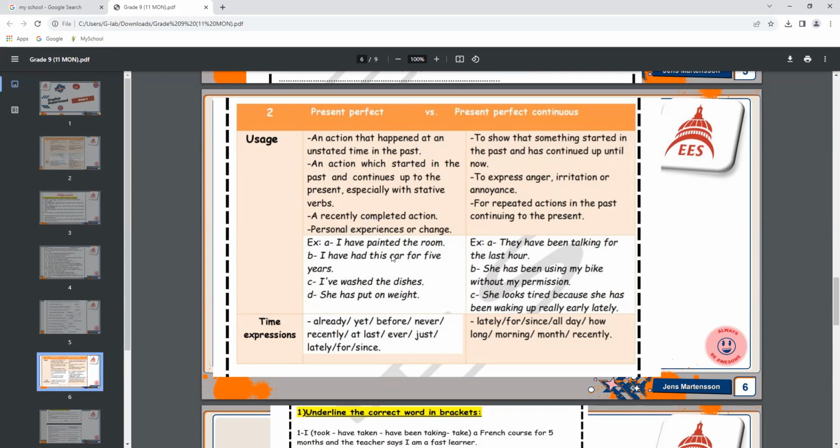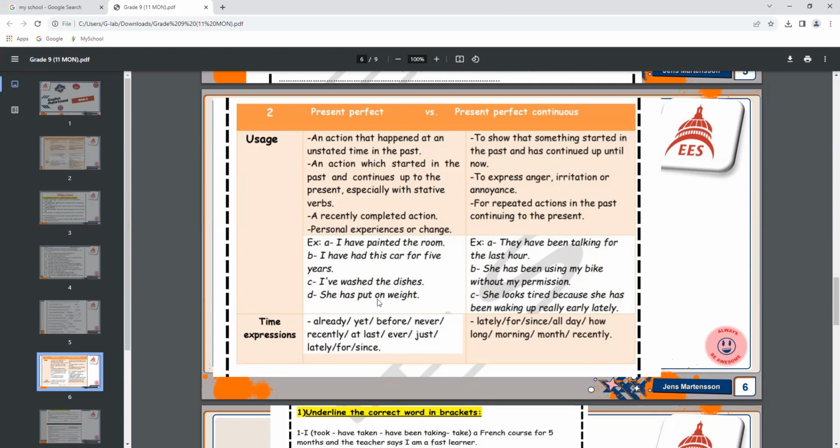The last one, we can use the present perfect to talk about personal experiences. How? I can say I have been or I have traveled to a place many times. And this is a personal experience. Okay, maybe I can say I have taken some courses. Yeah, it's a personal experience.